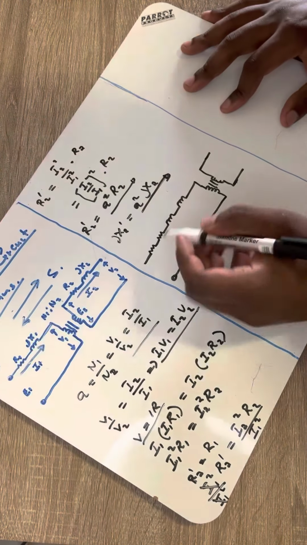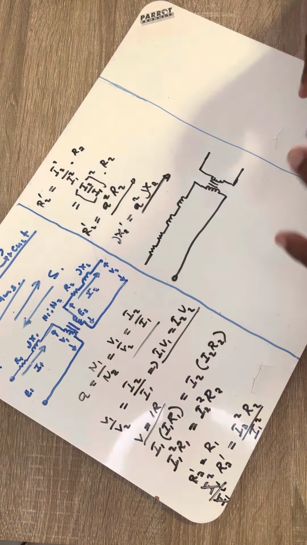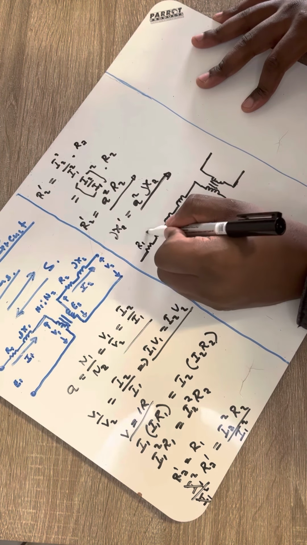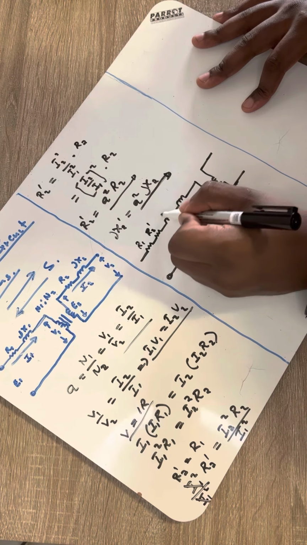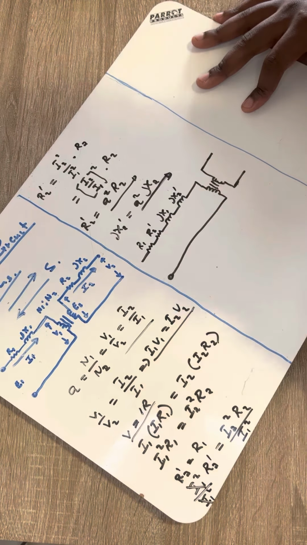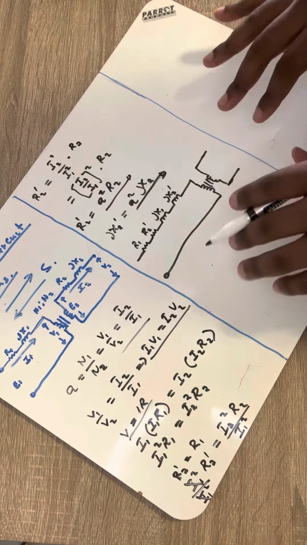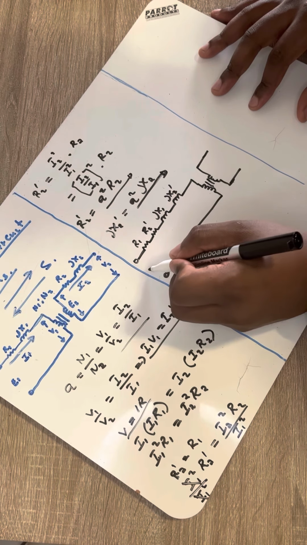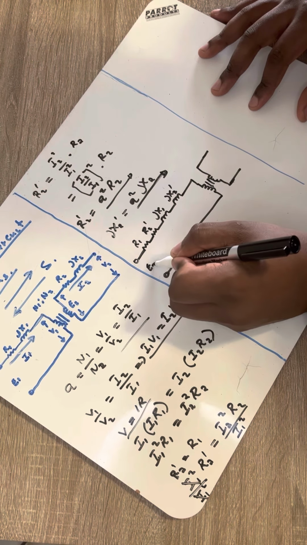So the equivalent circuit now will look like this: R1, then R2 prime, jX1, jX2 prime, right? Here you add the resistances in series and the reactances in series, right?